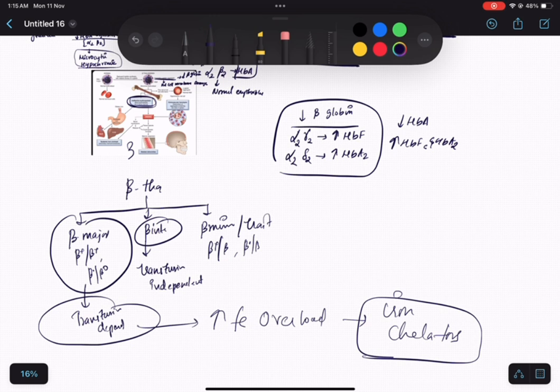As I already said, beta minor is asymptomatic, and beta intermediate and beta major are severe; beta major is transfusion dependent, and beta intermediate is transfusion independent.